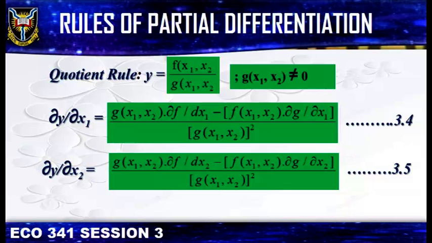Partial dy over partial dx1 is equal to minus 17x2 over (5x1 + 3x2) squared.